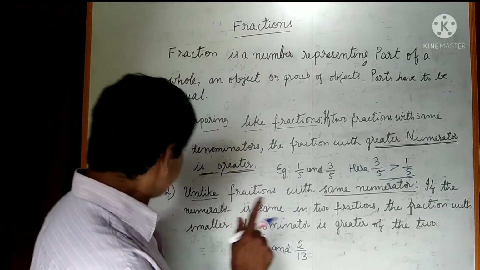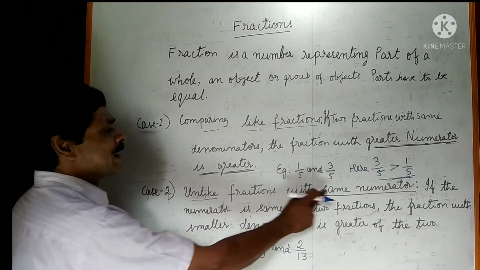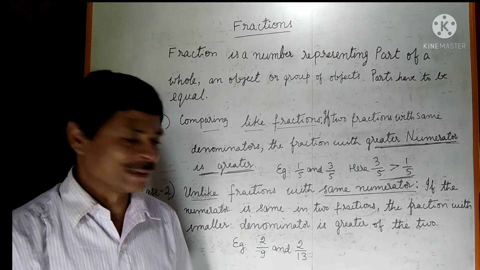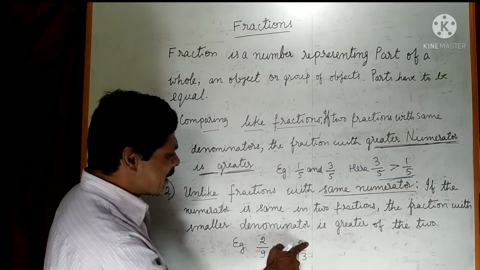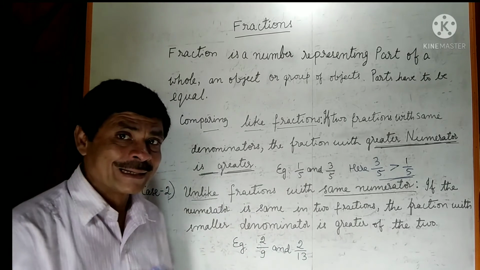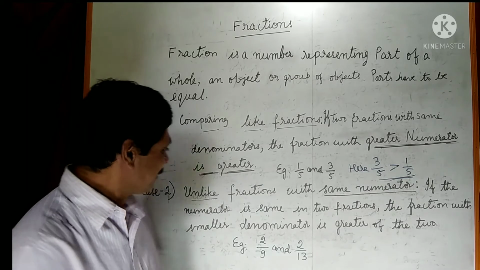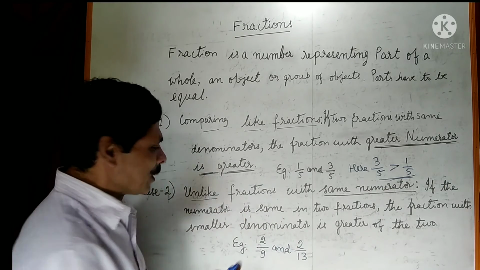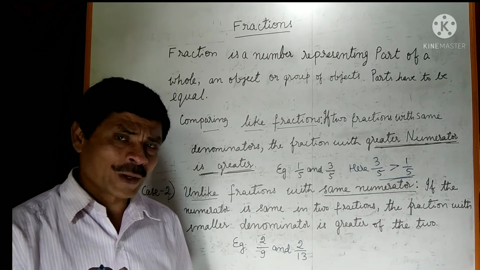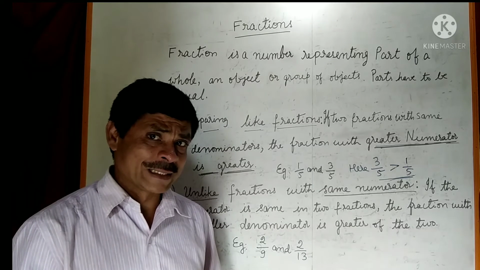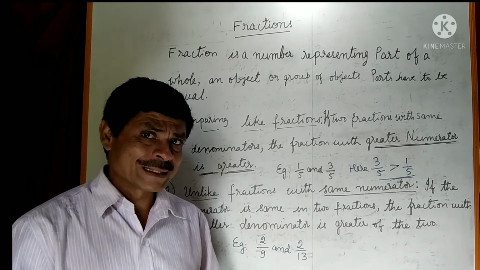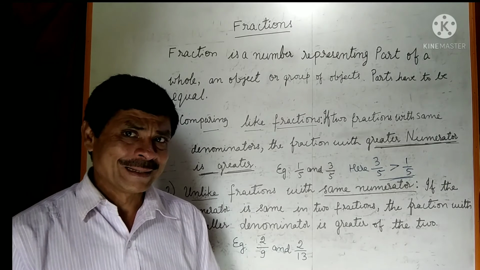Okay? In second case, unlike fractions with same numerator. Here numerators are same but denominators are different. Okay? These are the unlike fractions. Now how do you come to know which is the greater one and which is smaller one? Okay?